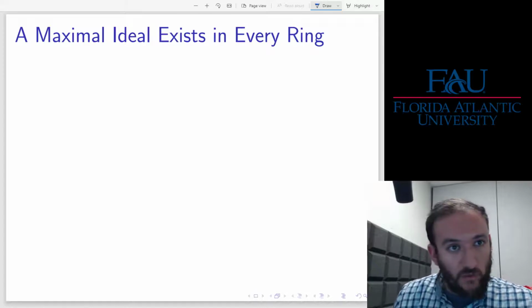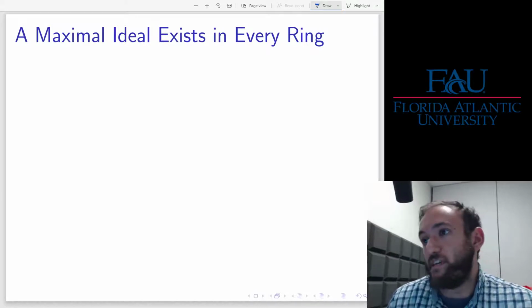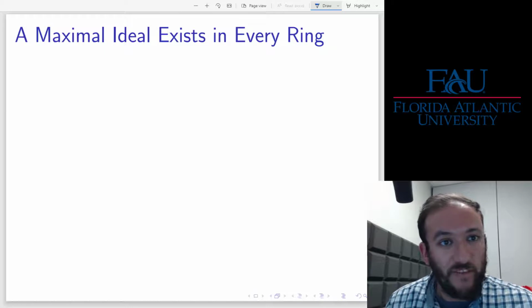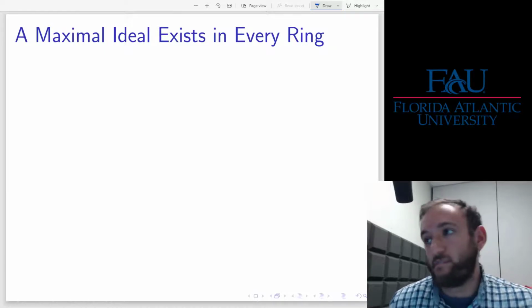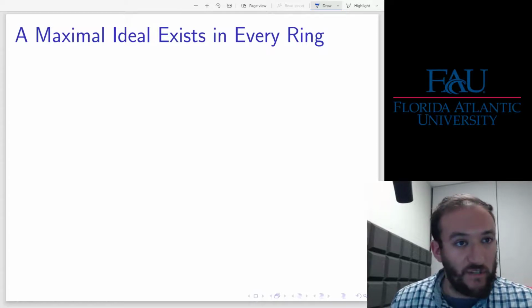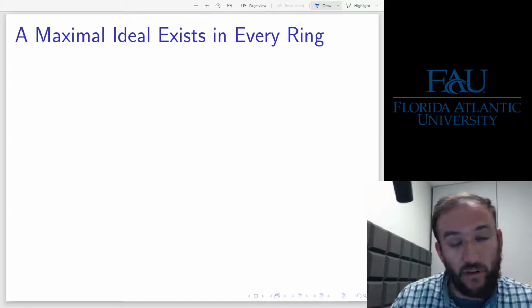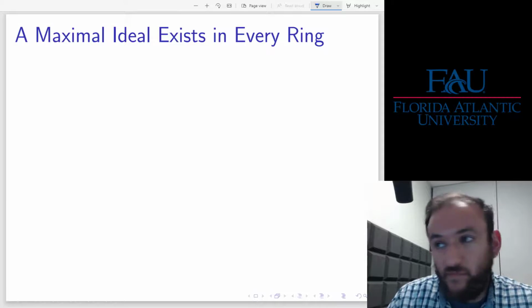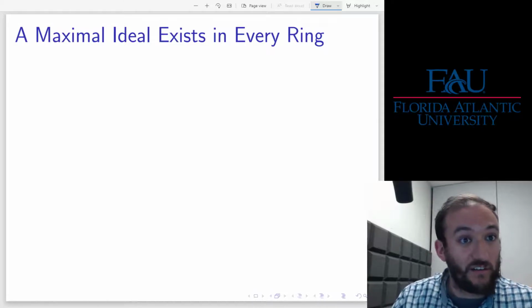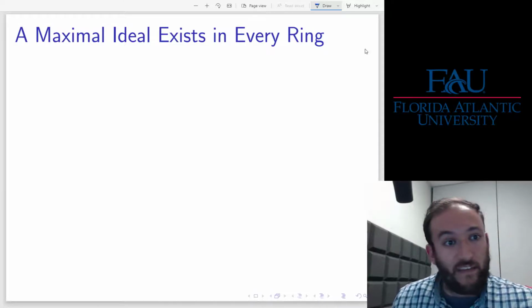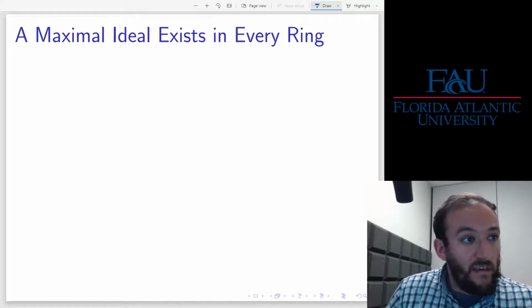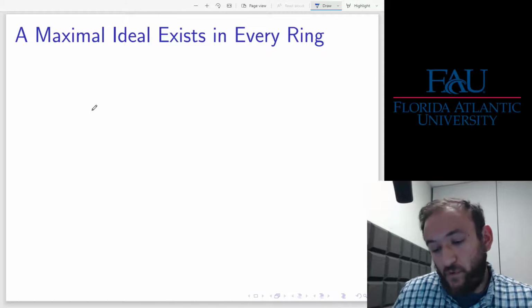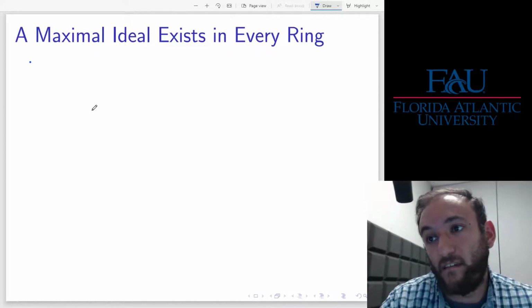So a result that's proved in Atiyah-MacDonald, which is true in vast generality, is that every ring has a maximal ideal. And since we're putting very few conditions here, we're just saying it's any commutative ring, we have to use some fancy techniques, in particular Zorn's lemma. And the way that we're going to apply Zorn's lemma is as follows. Let's use Zorn's lemma in this form.